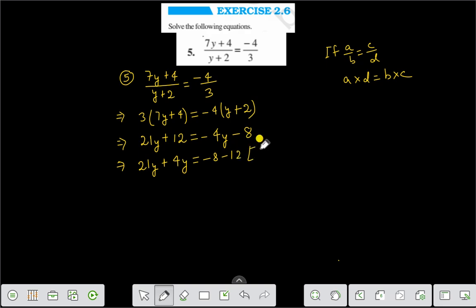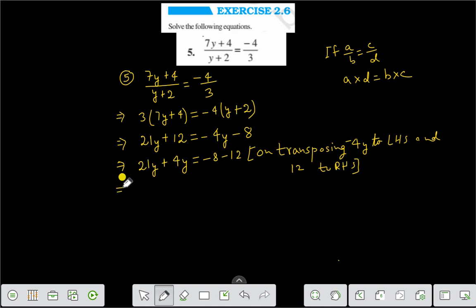That is, on transposing 4y to the left hand side and 12 to the right hand side, we get this value.